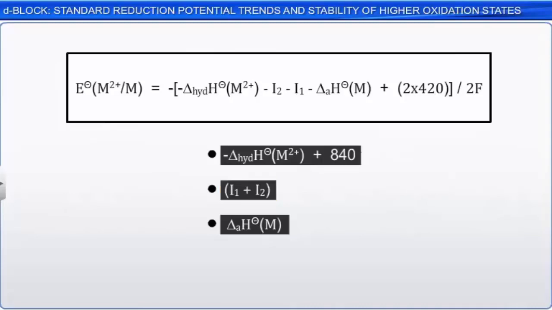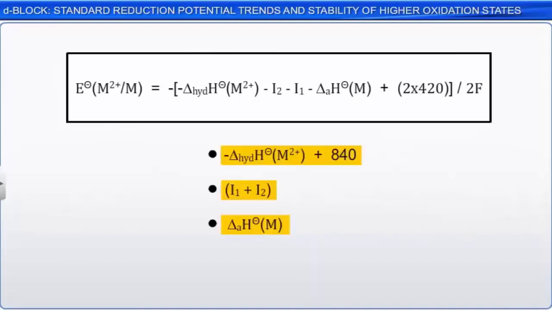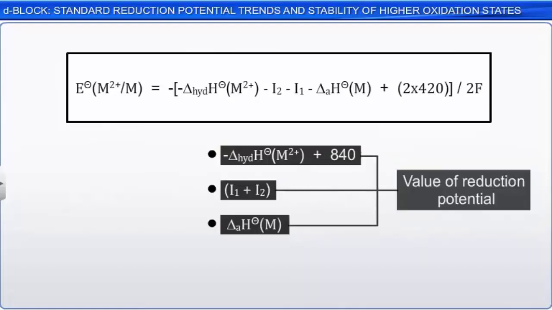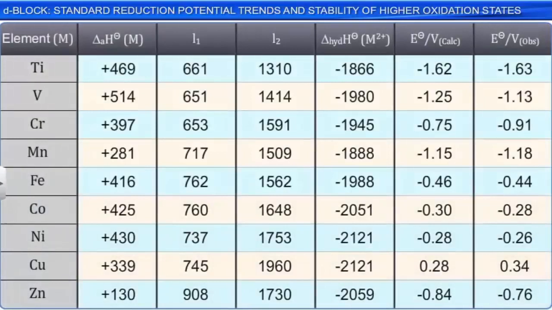The interplay between these three terms decides the value of the reduction potential. The irregularity in the variation of electrode potentials is due to the irregular variation of the ionization enthalpies, and also the hydration energies of the divalent ions of these elements.